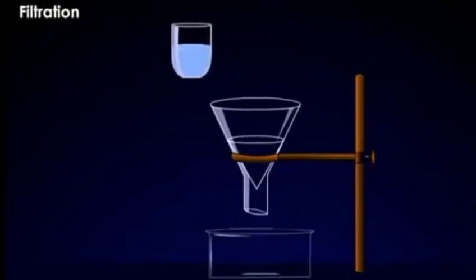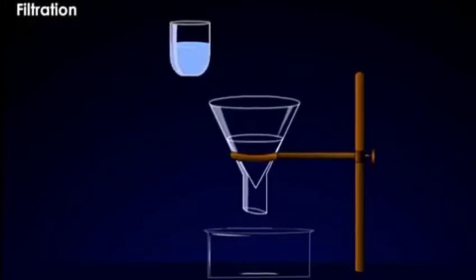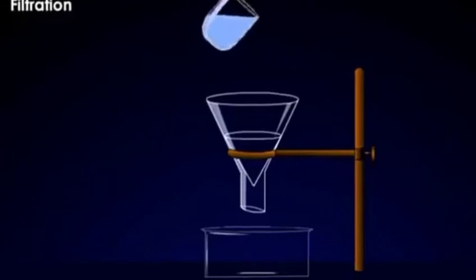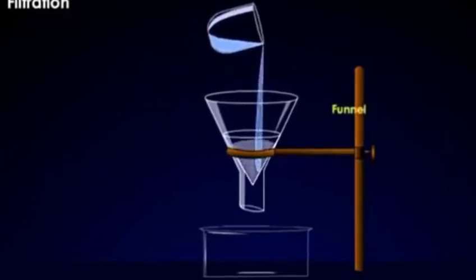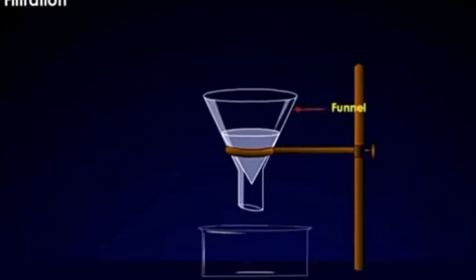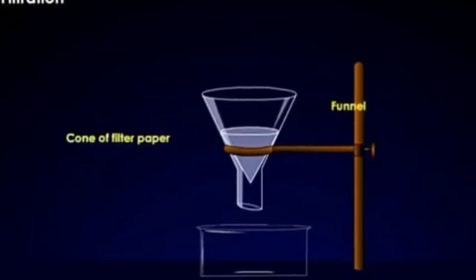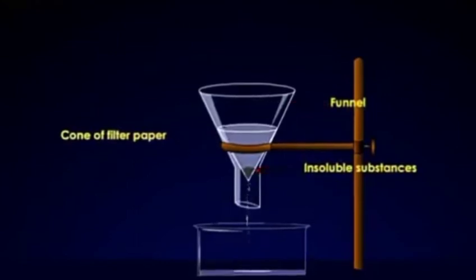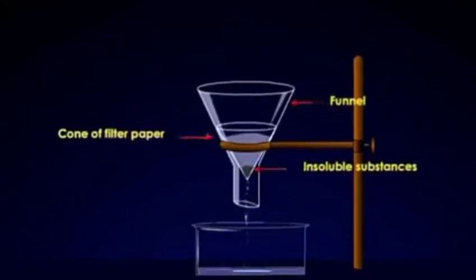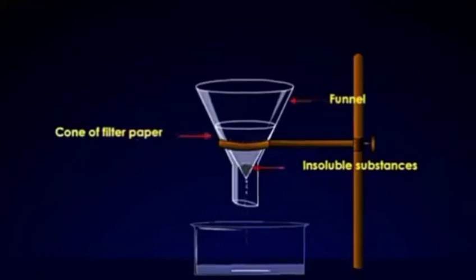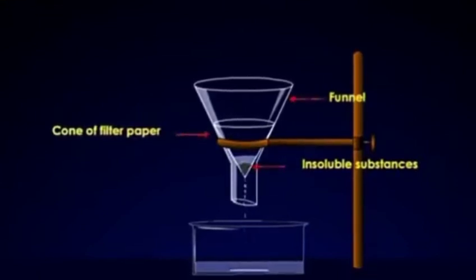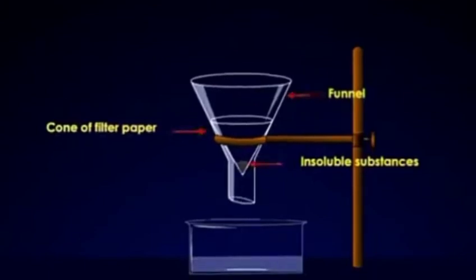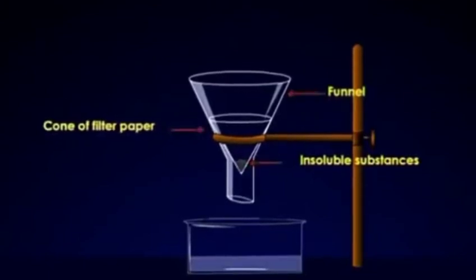In filtration, the water containing the insoluble substances is poured into a funnel having a cone of filter paper. The cone of filter paper is kept in the funnel. What will happen? The insoluble substances will get caught in the filter paper. The filter paper has very tiny openings, so that even the smallest particles of impurity in water cannot pass through it.